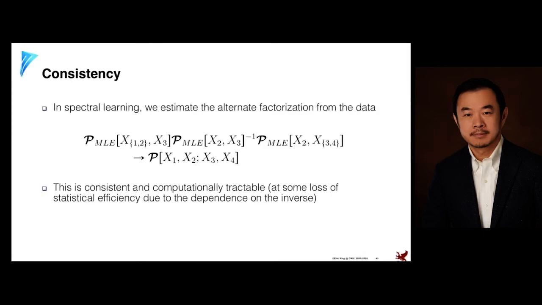So, any questions so far? Is that too good to be true that we are now free of hidden variables and basically can bypass all the hidden variable design and directly learn arbitrary latent variable models just by counting matrices?